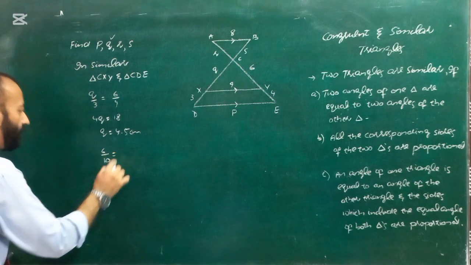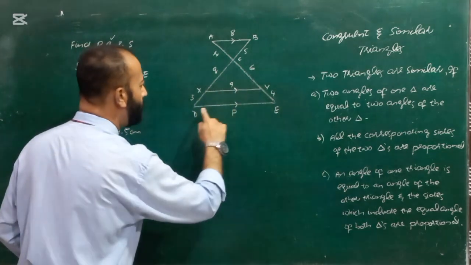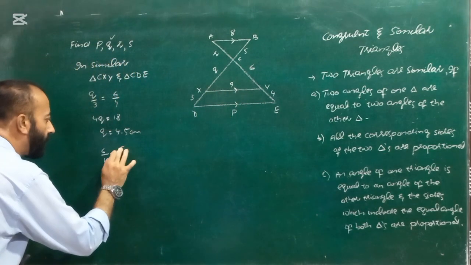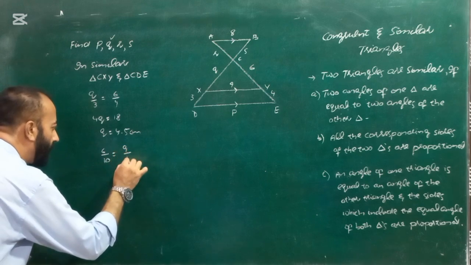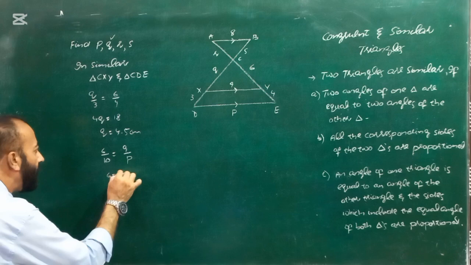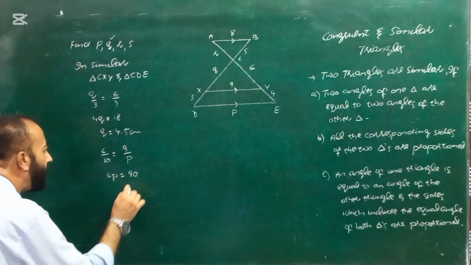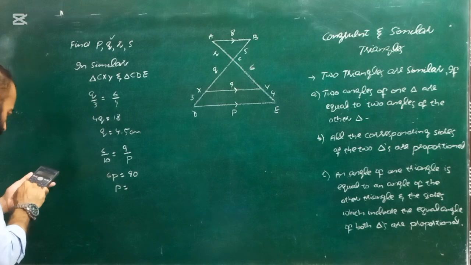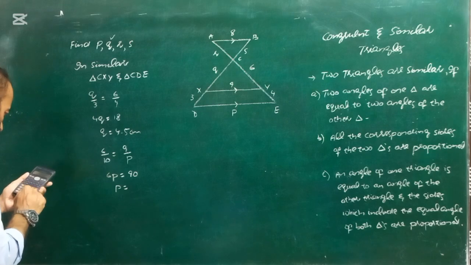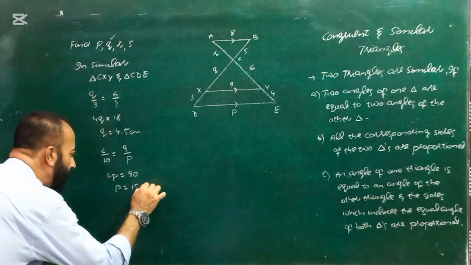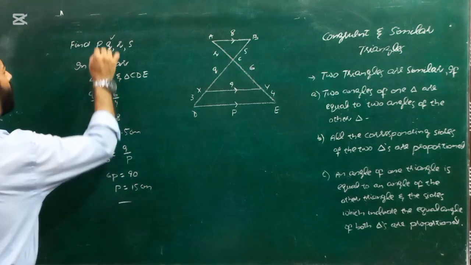Again, from smaller to bigger, that is 9 over P. From here, cross multiplying the values, 6P will be equal to 90, and P will be equal to 90 over 6. That is 15 centimeters. So P is also done.